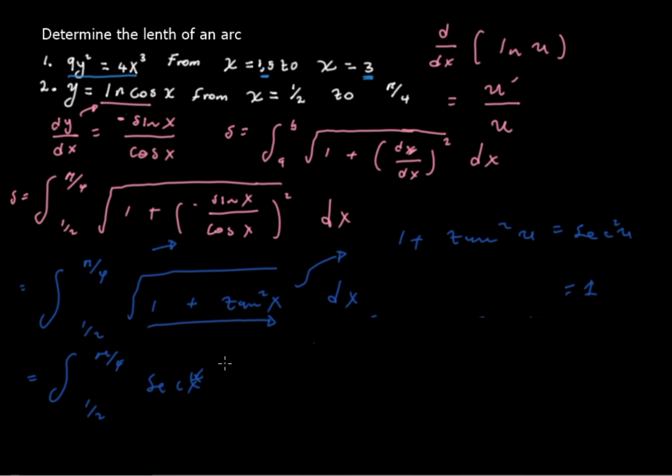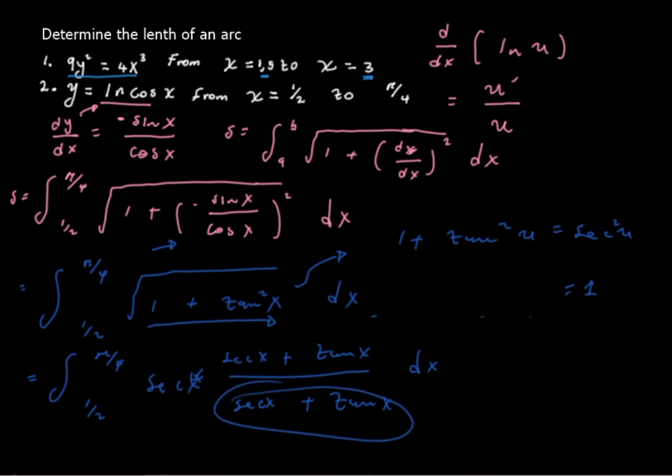Now you can say secant of x plus tan x over secant x plus tan x dx over there, and then this function at the bottom is equal to u.